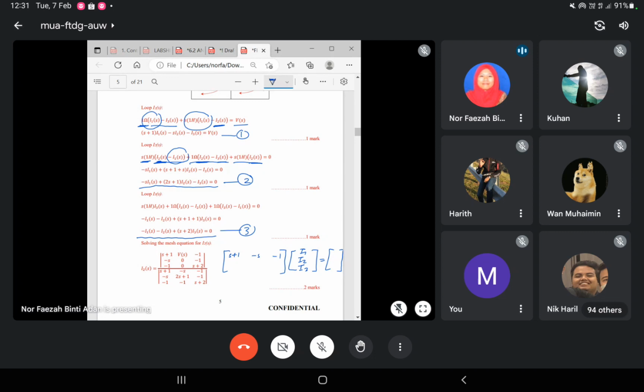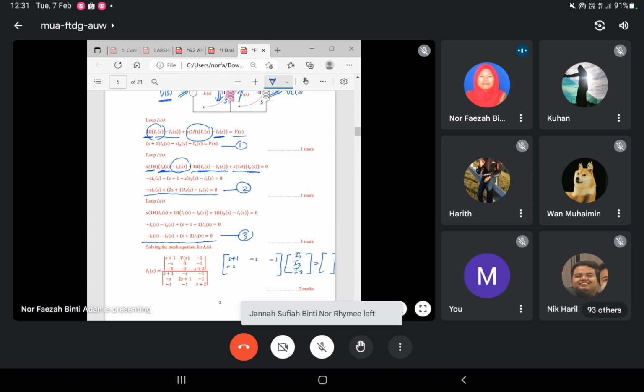Second row, equation for loop yang nombor 2. So negatif S multiply by I2 adalah 2S tambah 1, and then the third one is negatif 1. And then third loop is negatif 1, negatif 1, S tambah 2.